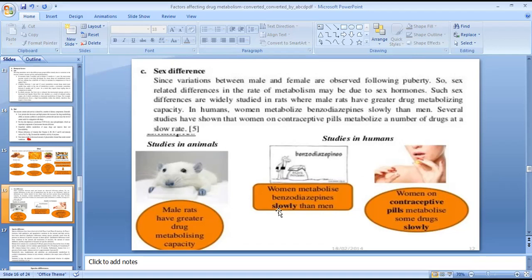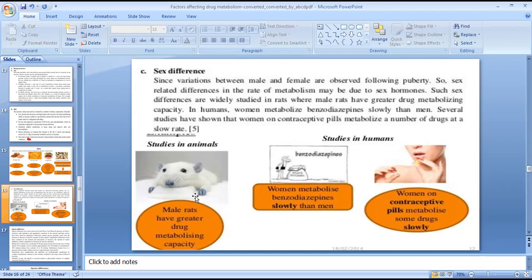Such sex differences are widely studied in the rat, where male rats have greater drug metabolizing capacity. In humans, women metabolize benzodiazepine more slowly than men. Several studies have shown that women on contraceptive pills metabolize a number of drugs at a slow rate. For example, nowadays we use animals for study: when we conduct a study on male rats, they have greater drug metabolizing capacity.